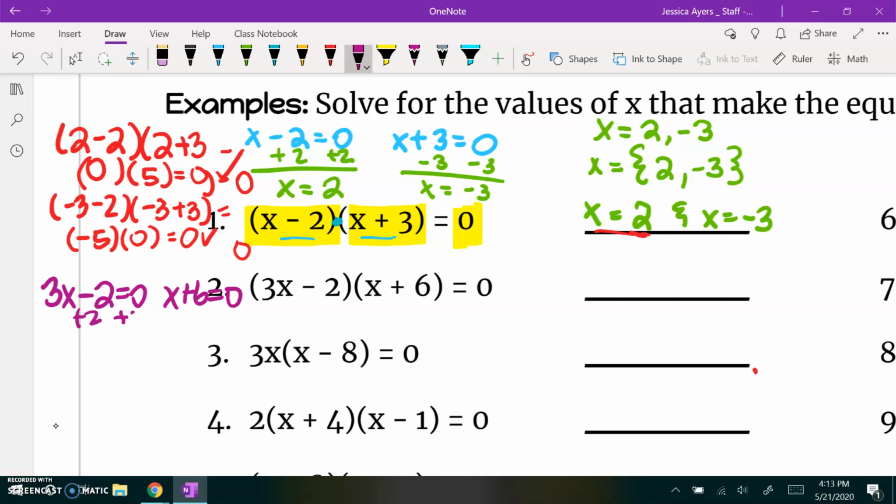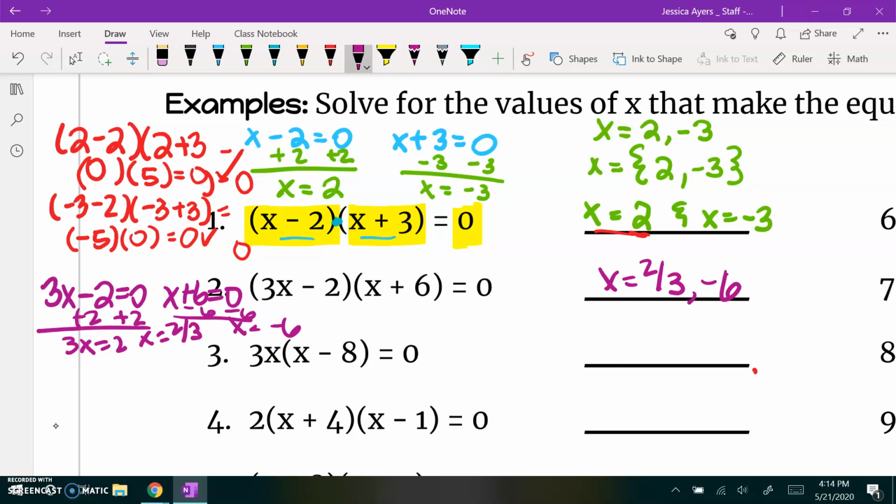Adding the 2 over, we get 3x is equal to 2, so x has to equal 2/3. And then setting this one equal to 0, minus 6, so x has to equal -6. So writing it in that way.